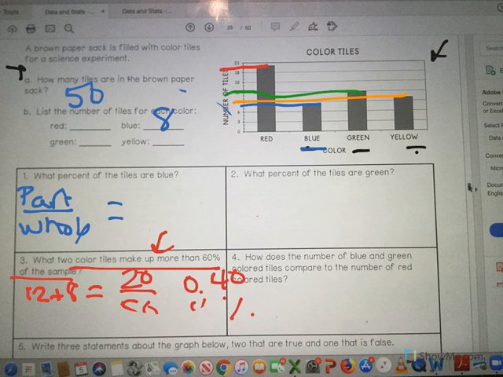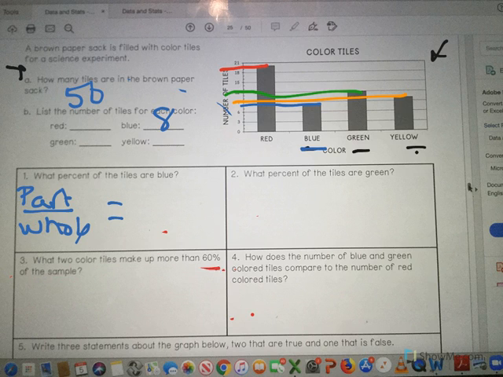Bummer. Okay, so let's erase that and try another one. Let's just fill in my numbers here. I just left them blank. That's a 20, that's a 12, and that's a 10. I'm going to do red and green because those are pretty big numbers. So that gives me 32 over 50.